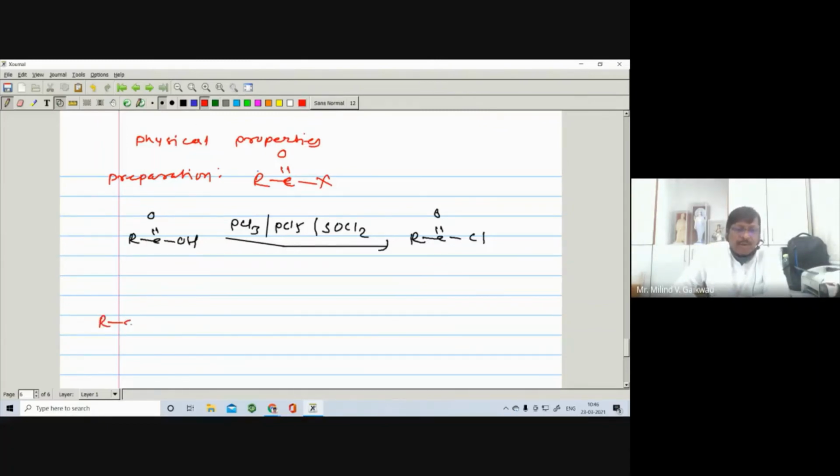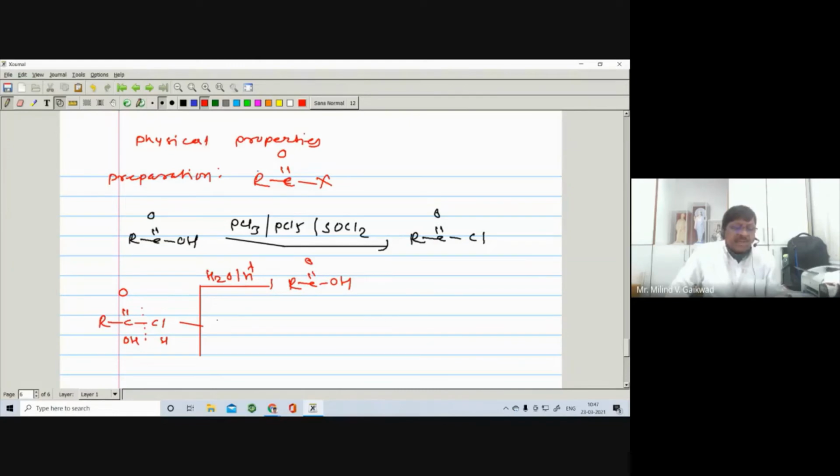Next are the chemical properties. RC double bond OCl, when it undergoes reaction with water in the presence of acid, there is an addition of OH and addition of H, and you get the corresponding acid.